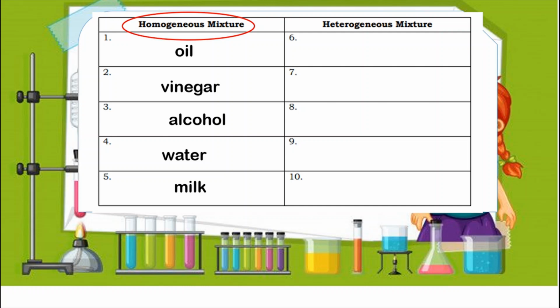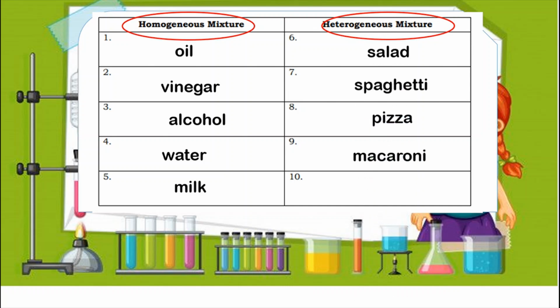Si heterogeneous na pod, kay mooto sila si salad, si spaghetti, pizza, si macaroni, o si soup. Okay. Muna siya children, homogeneous mixture and heterogeneous mixture. Okay, check ang inyong papel kung tama ang inyong answer.